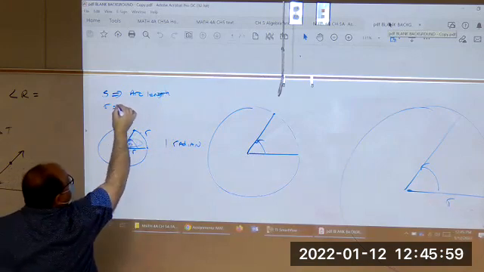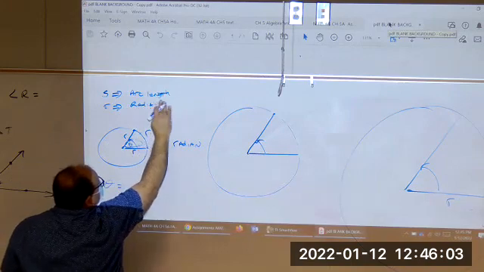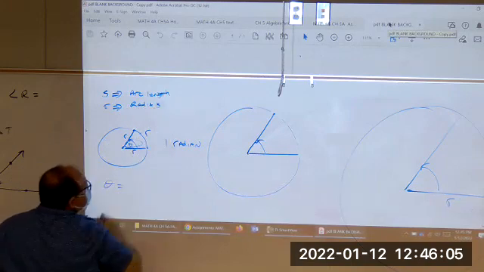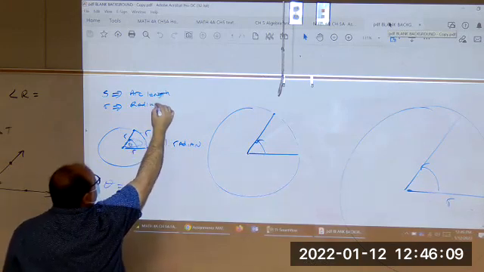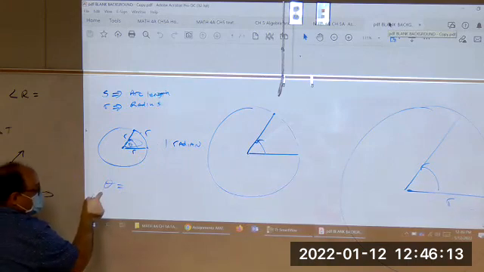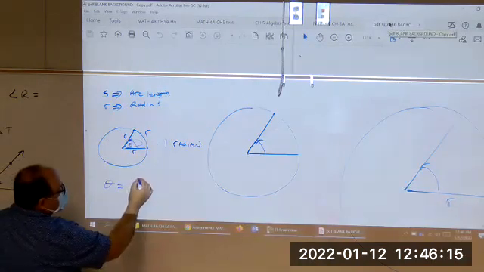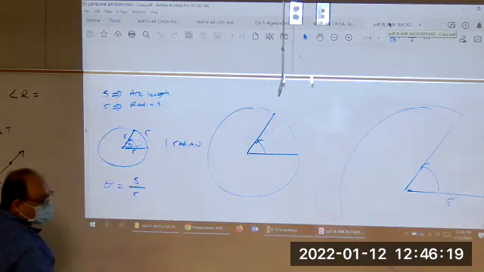Then R is the radius. So theta in radians is equal to the arc length S divided by the length of the radius.